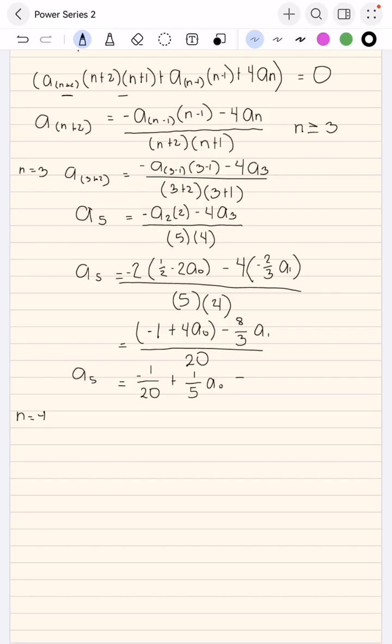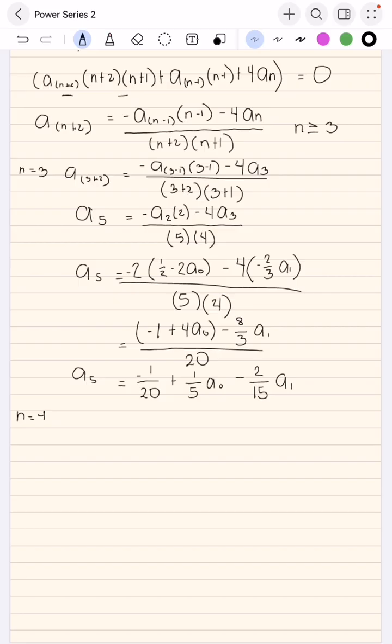This would be negative 2 over 15 A1. So that's it for A5.